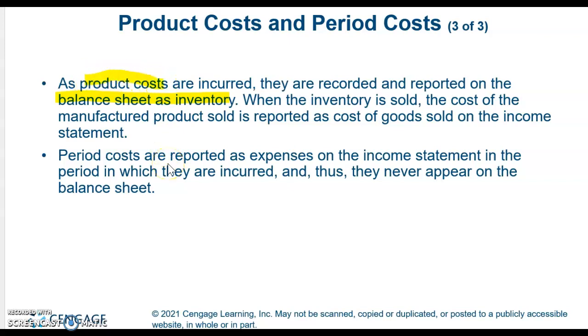And then when we sell the inventory, it's going to go into the cost of manufacturing products sold, or the cost of goods sold, on the income statement. Period costs, however, are going to be expensed immediately on the income statement in the period in which they are incurred. So period costs never appear on the balance sheet.